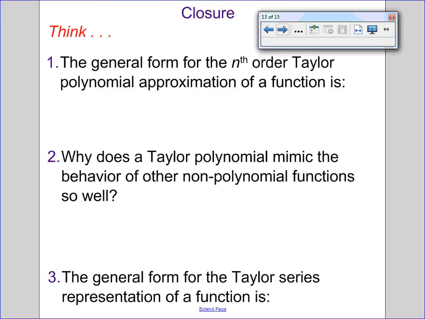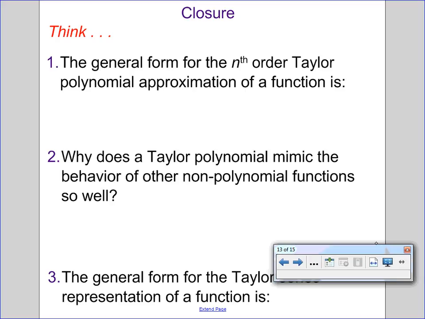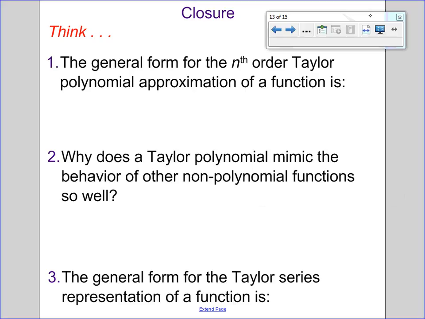Awesome. Okay. So this closure is kind of a double, based on last class as well. The general form for the nth order Taylor polynomial approximation of a function is, go ahead and write that out. Why does a Taylor polynomial mimic the behavior of other non-polynomial functions so well?